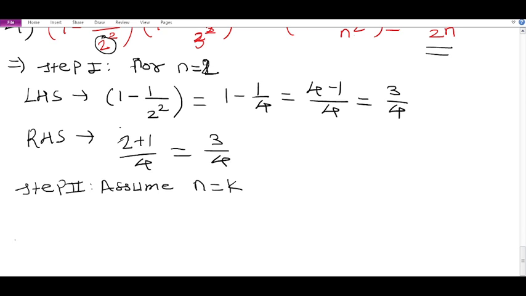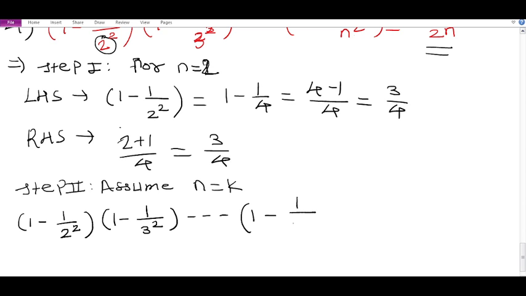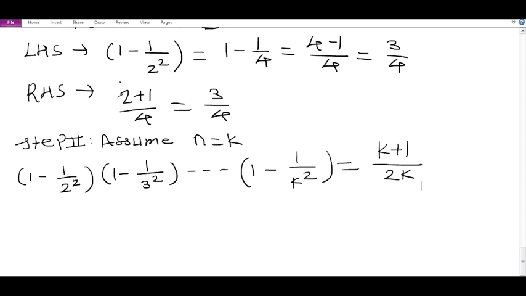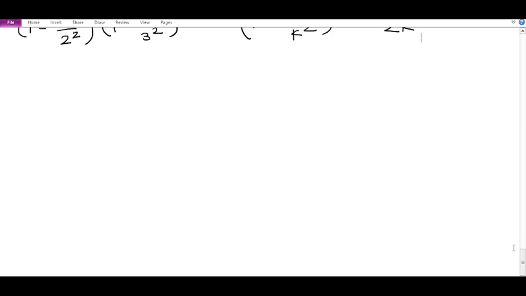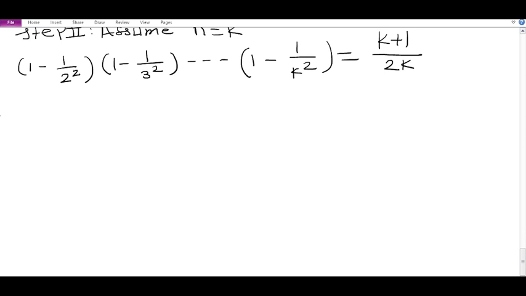So 1 minus 1 upon 2 raised to 2, 1 minus 1 upon 3 raised to 2, up to 1 minus 1 upon k square is equal to k plus 1 divided by twice k. Now by using step number 2 and 1, show that the result is true for n equal to k plus 1.